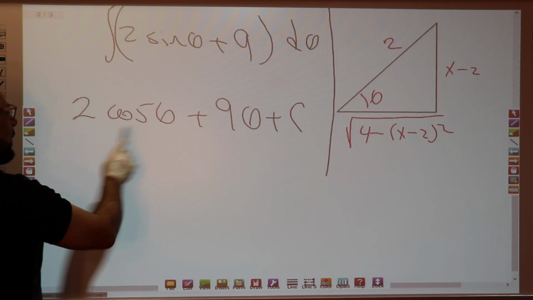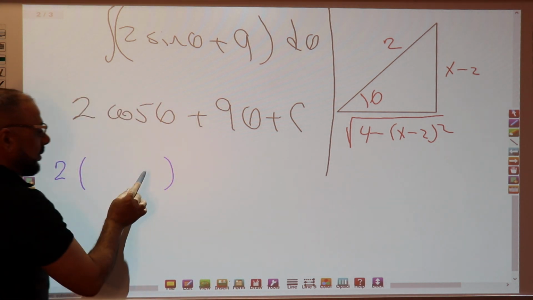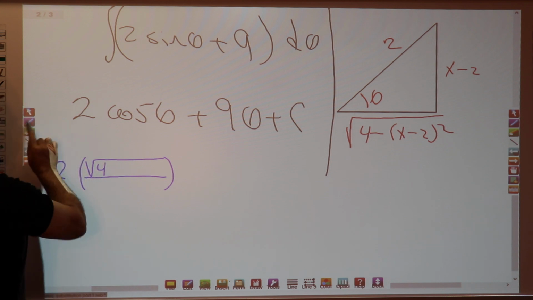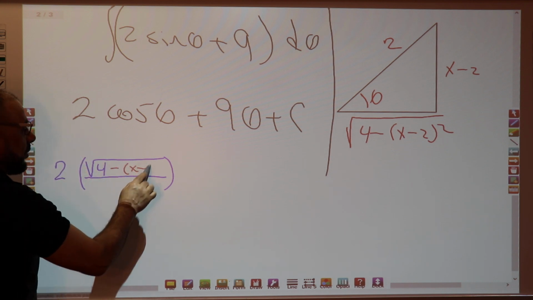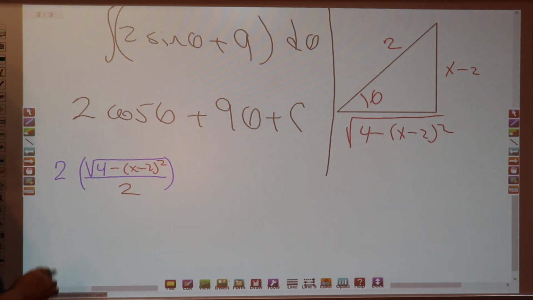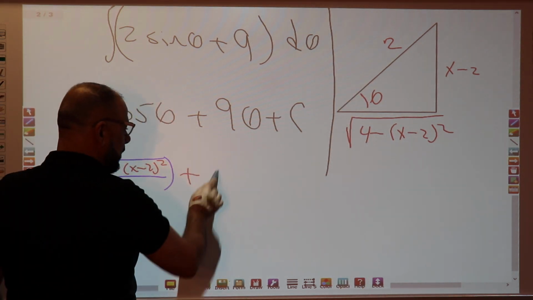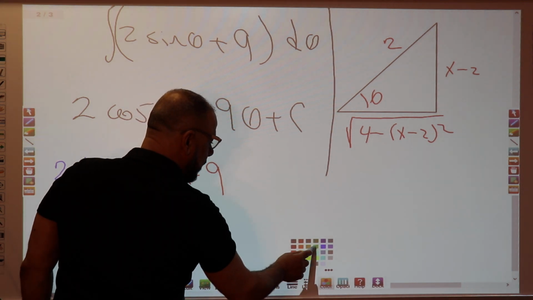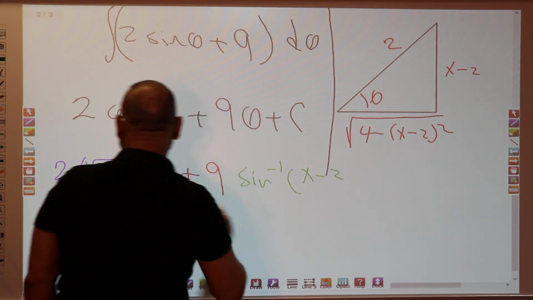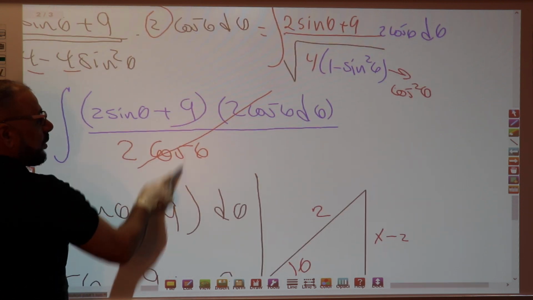Then cosine theta, let's start with cosine. Cosine is adjacent over hypotenuse, which is the square root of 4 minus (x minus 2) squared, over 2, right? Plus 9 times theta, which is sine inverse of (x minus 2) over 2. Yes. There, guys.